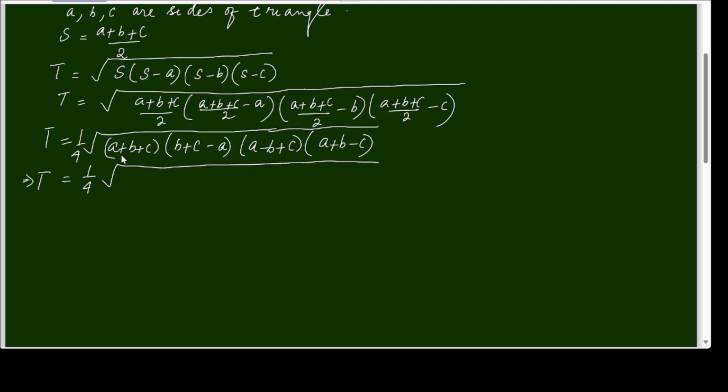I'll make these two pairs together. So this is (B plus C plus A)(B plus C minus A). And the second pair will be (A plus B minus C) and (A minus B minus C).